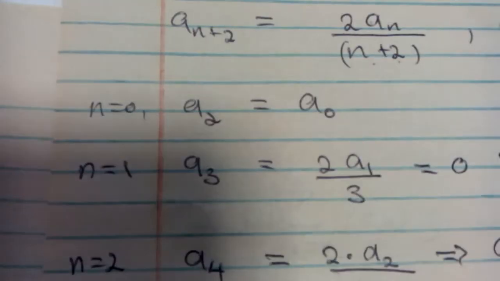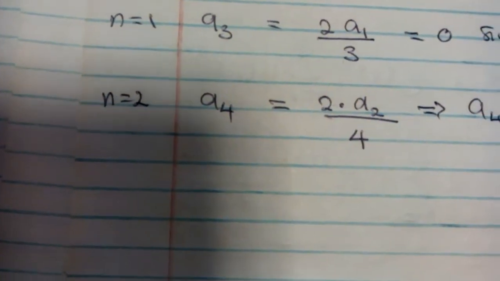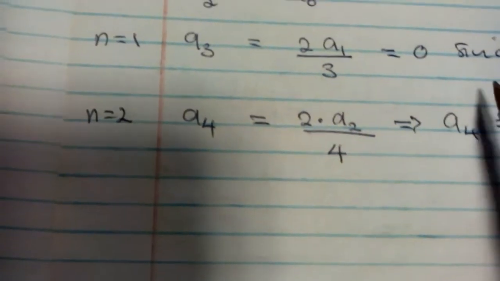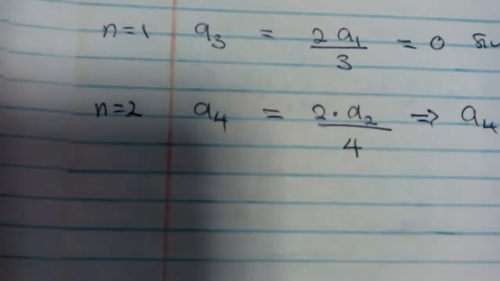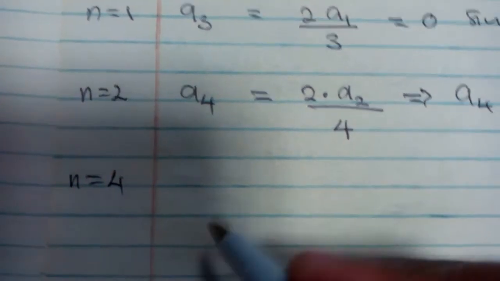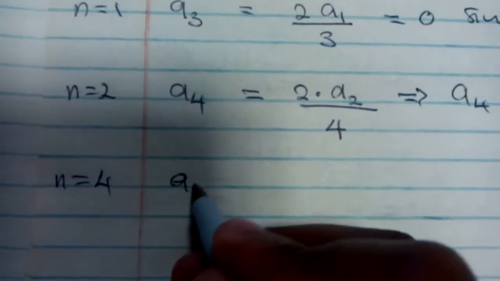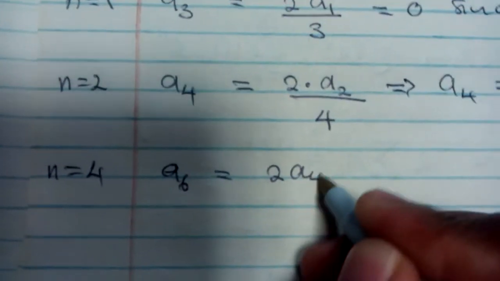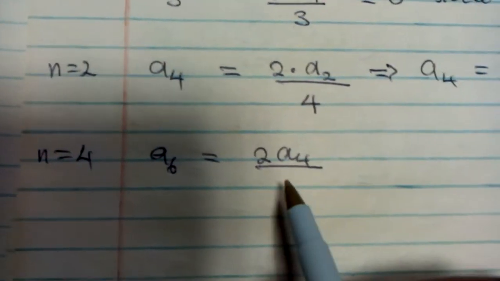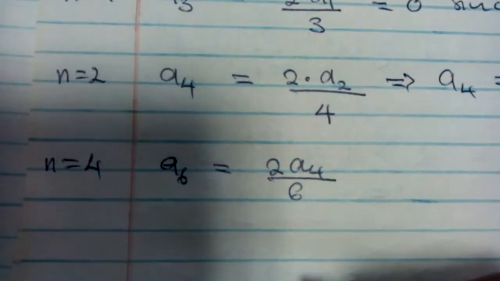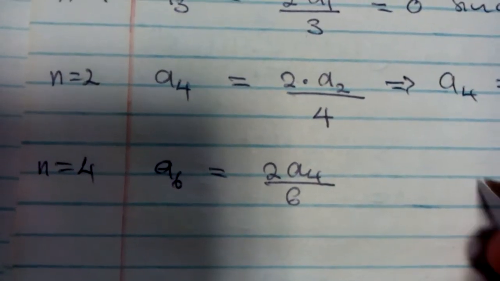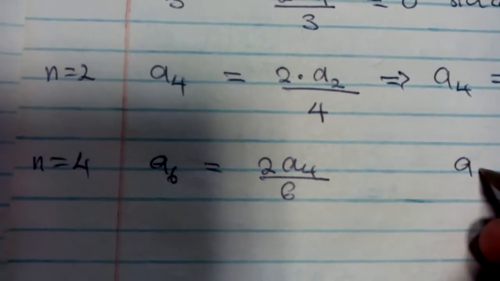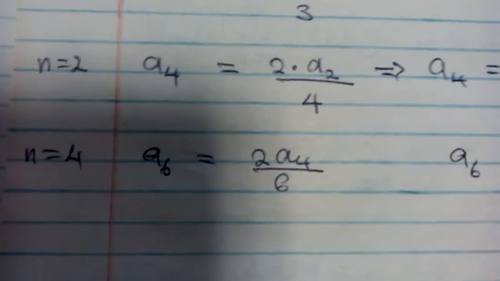Right, I think at this point I can ignore all odd terms, because when n is 3, I get what? a5, which depends on a3, and a3 is equal to 0 since a1 is 0. So I can ignore those and take a few cases when n is equal to 4. When n is equal to 4, I generate a6, which is given by 2 a4 over 4 plus 2, 6. And this implies a6 is equal to a naught over 6.